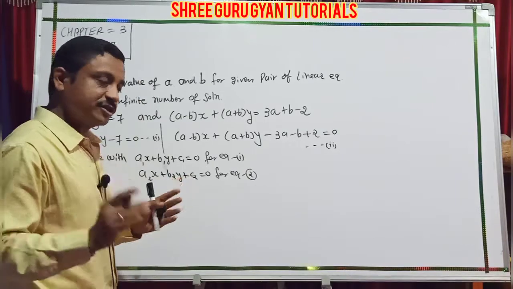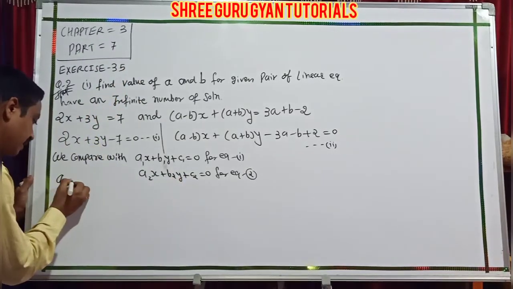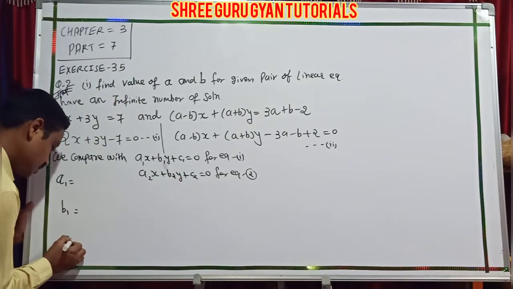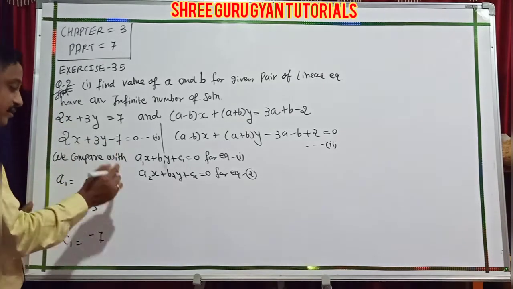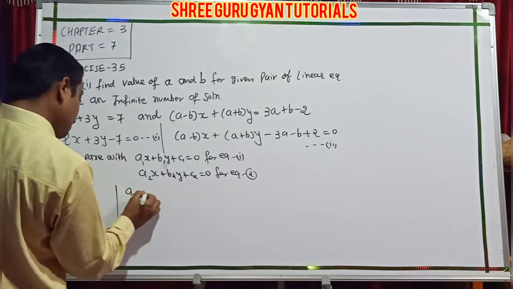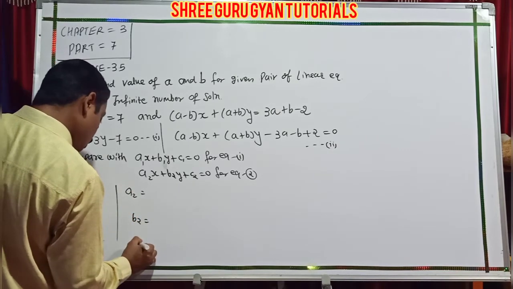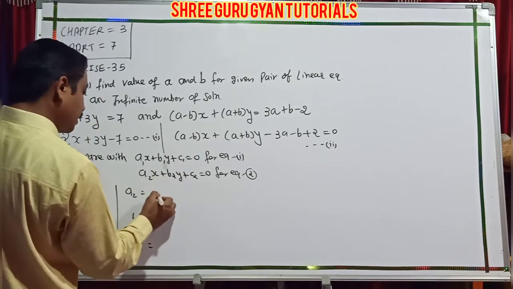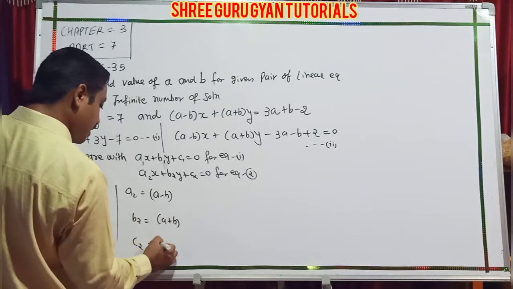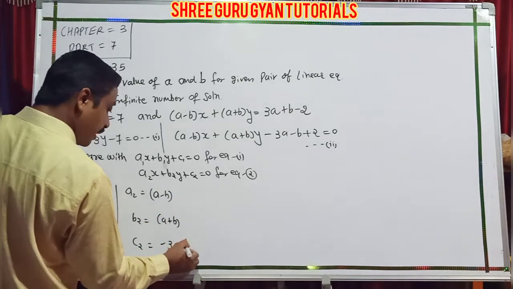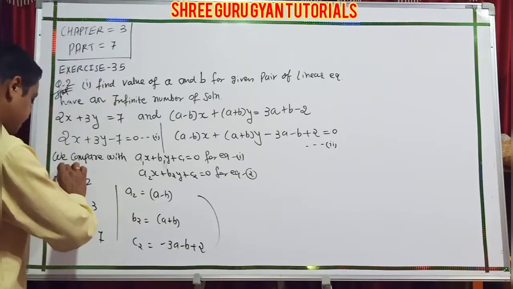Comparing both equations, a1 b1 c1 you get 2, 3, minus 7, and a2 is a minus b, b2 is a plus b, and c2 is minus 3a minus b plus 2.